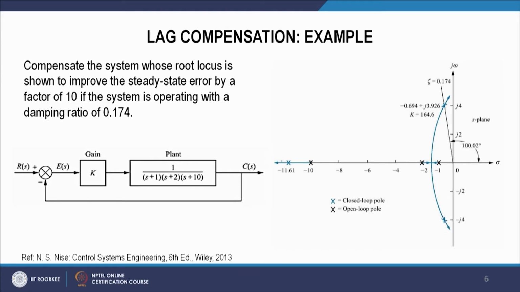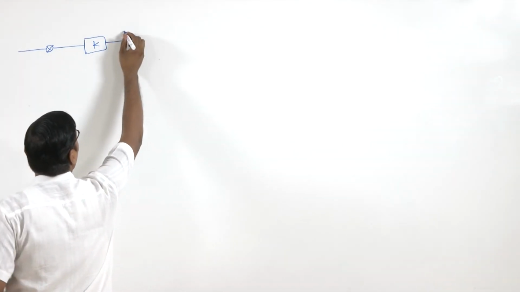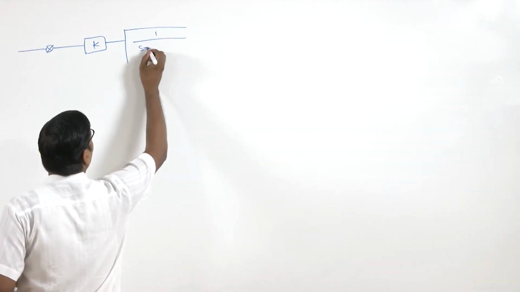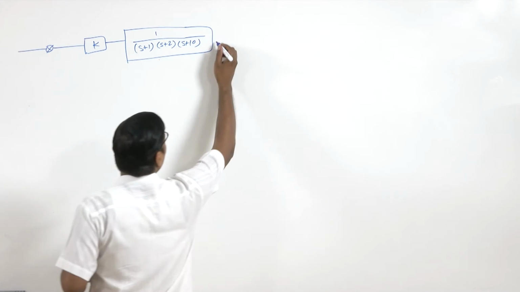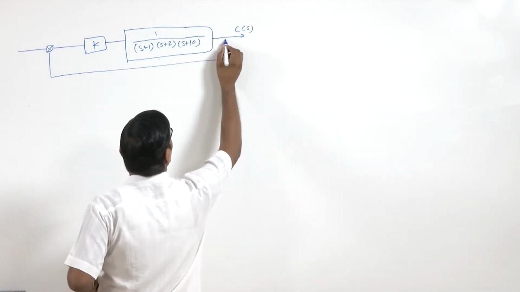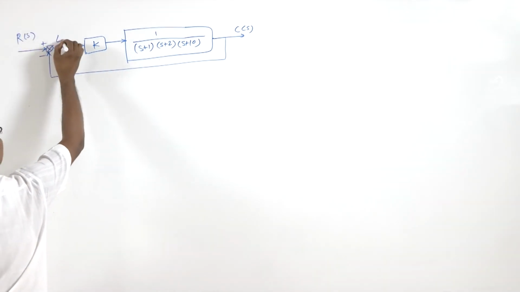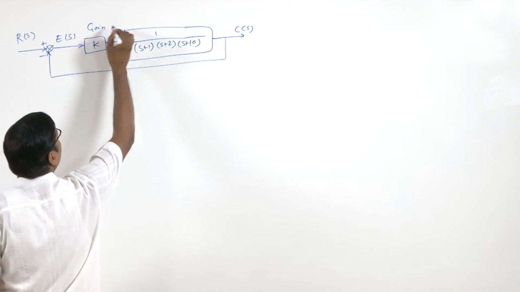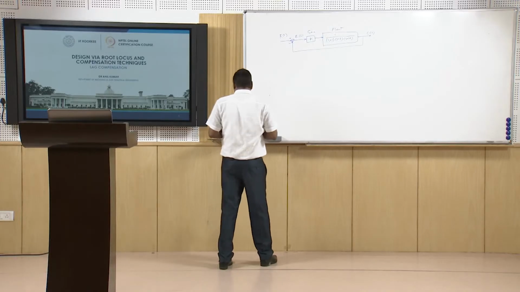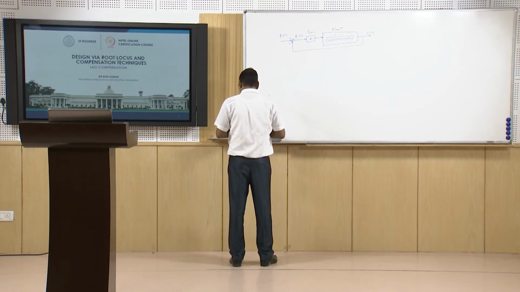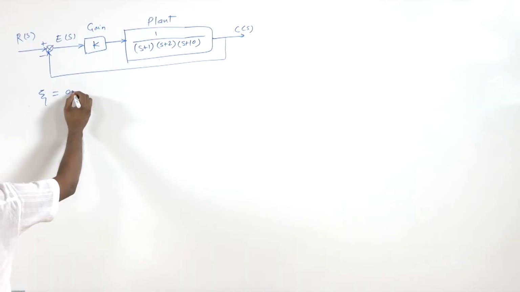So this is gain and this is plant. We have to improve the steady state error by a factor of 10, and the system is operating at damping ratio 0.174.